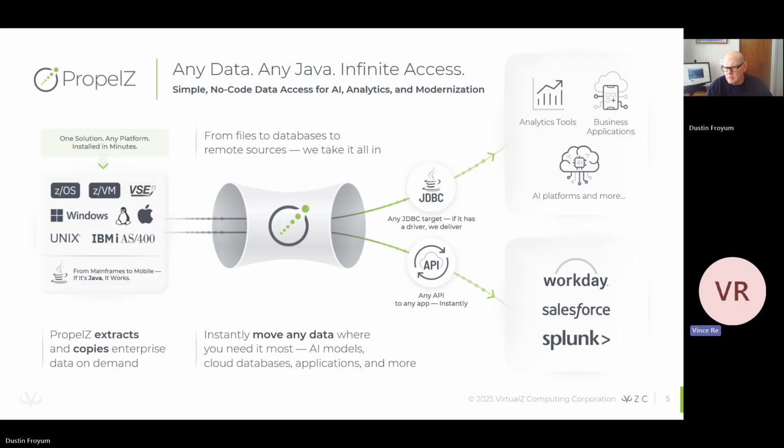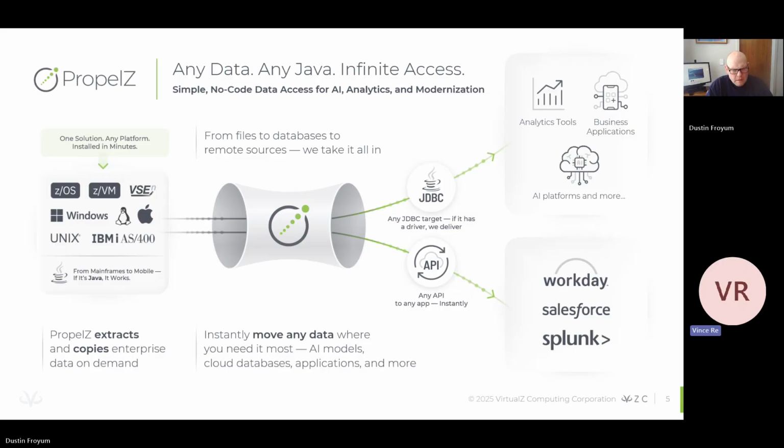And by the way, it's not just JDBC data sources. One of the examples that we talk about is we'll take management data, in this case from a mainframe, system messages and console traffic and alerts and those kinds of things, and we'll push them into the Splunk product.